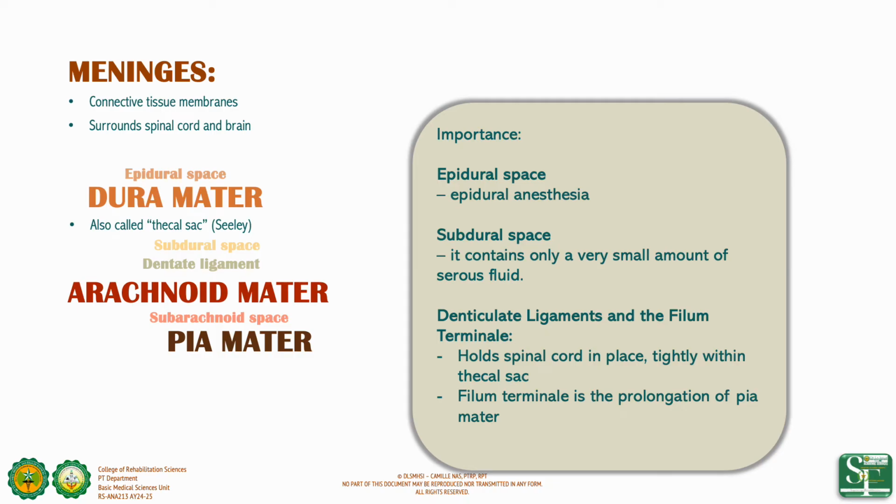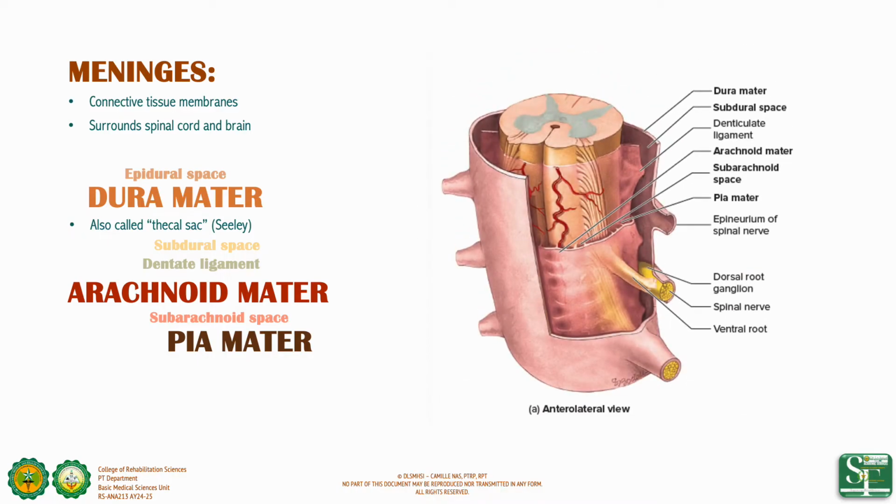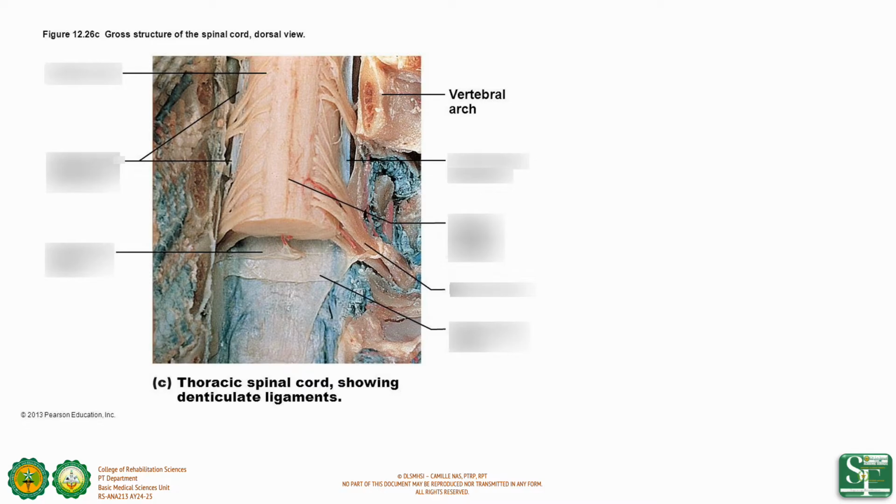Okay, so I have summarized na here the importance of each spaces, no, for reiteration. So do not be confused with dentate and denticulate ligaments. Those are the same. Ayan. So here's a picture of a cadaver showing a thoracic spinal cord.